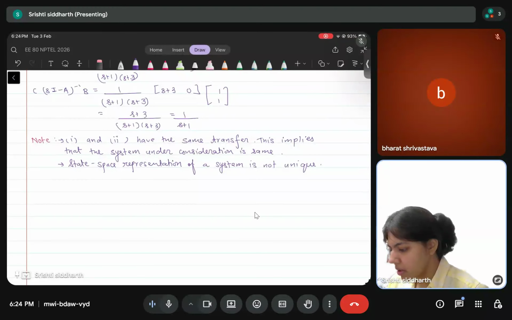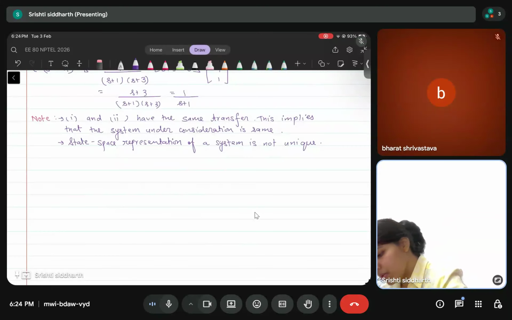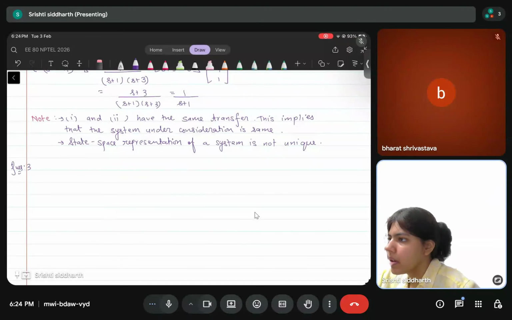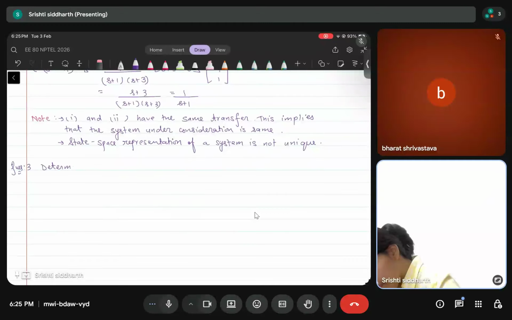Now let's consider a third order system so that we can see how to compute sI minus A inverse in a regular system. This is question 3. Determine the transfer function of the following system.